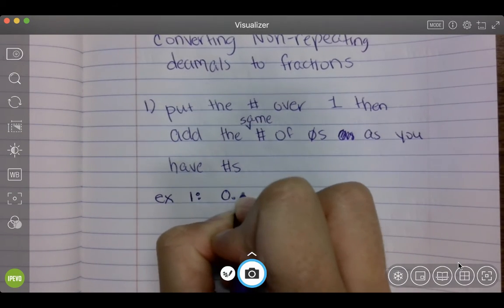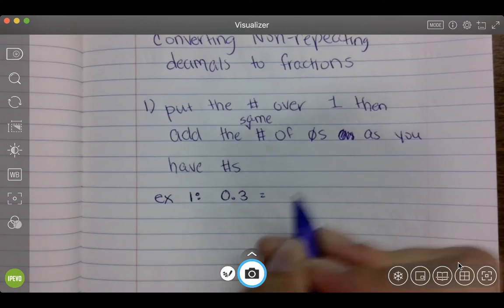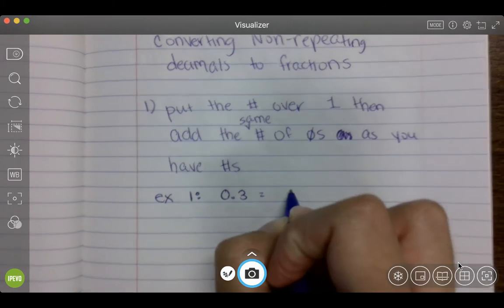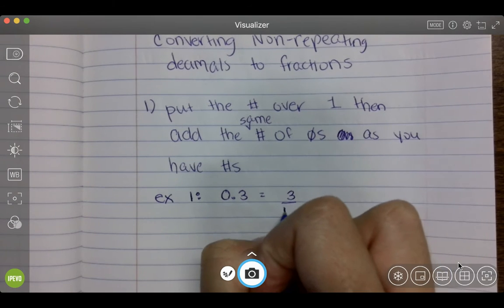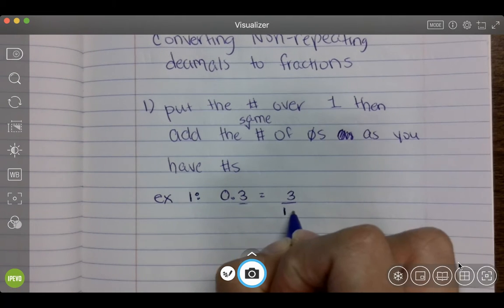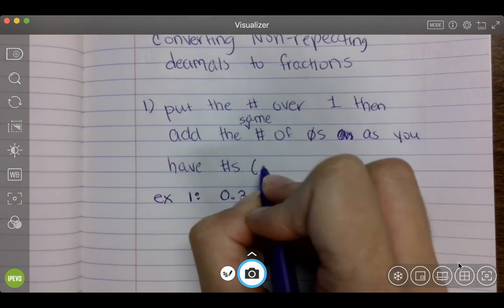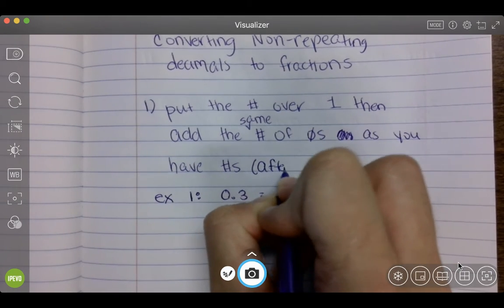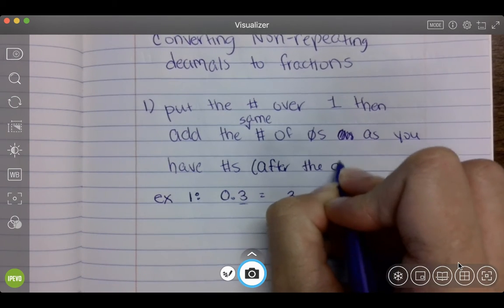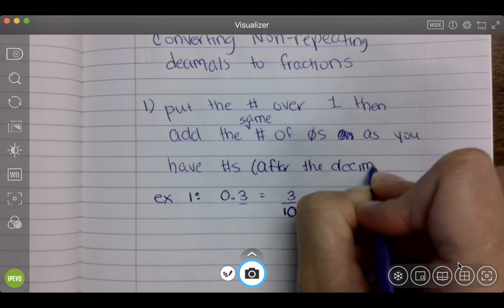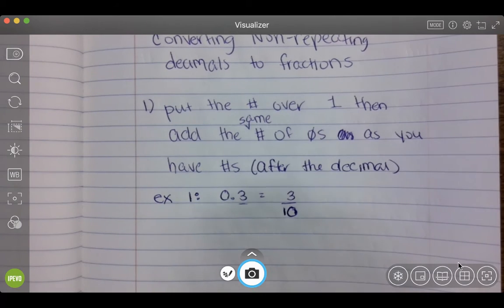If I have the number 0.3, I would take this number and put it over 1 because I have one number. I guess it should be after the decimal. So it'd be over 10.